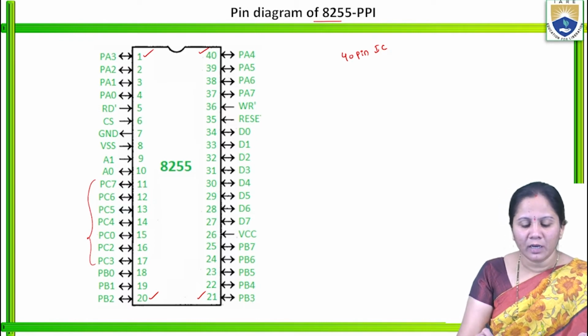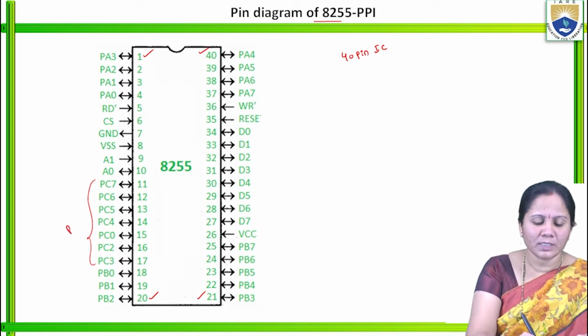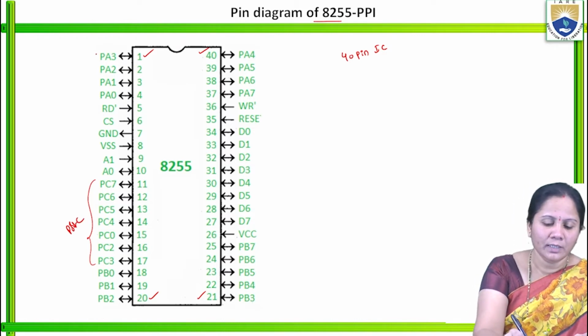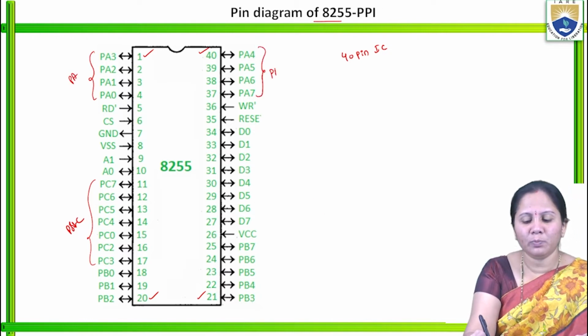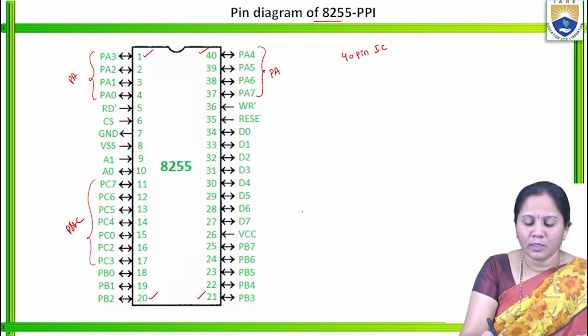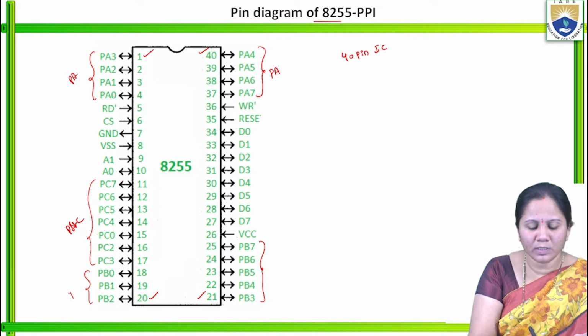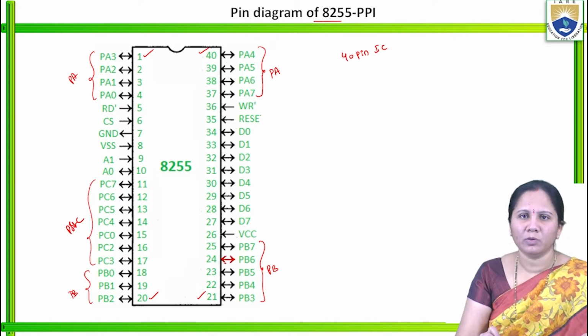Along with that, all these are the 8 pins related to port C. You can also see these 4 bits related to port A, and another 4 bits related to port A. These are the bits related to port B. And all the ports are bidirectional ports.